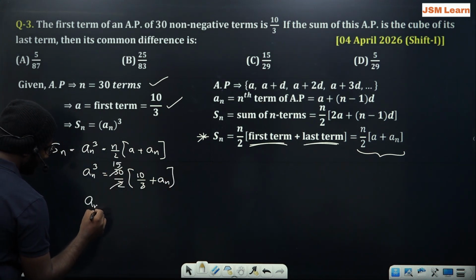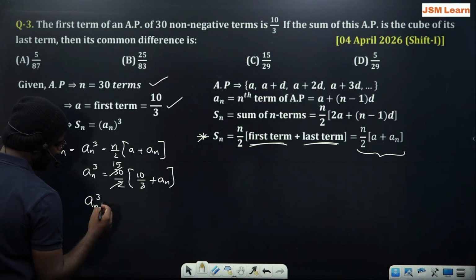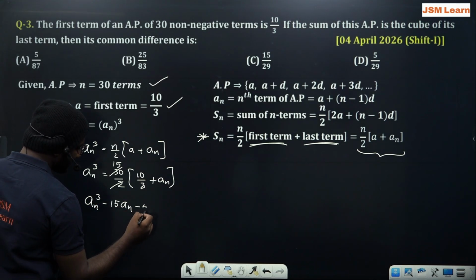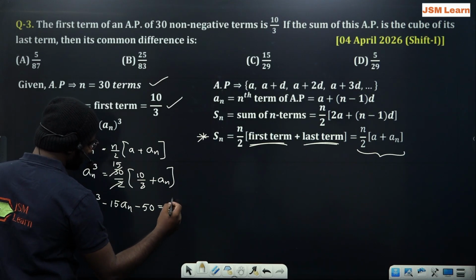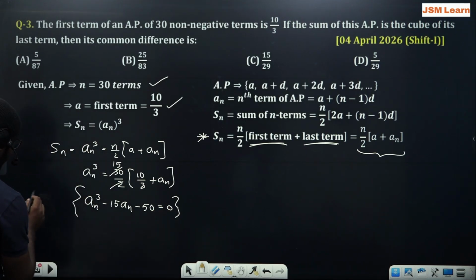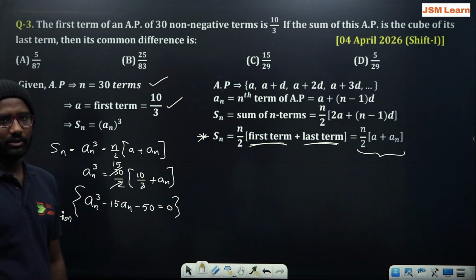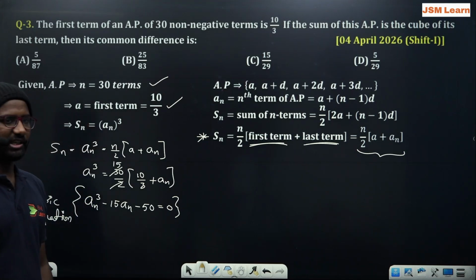So we'll write all these terms on one side: An cube minus 15 An minus 50 is equal to 0. It is a cubic equation in An.